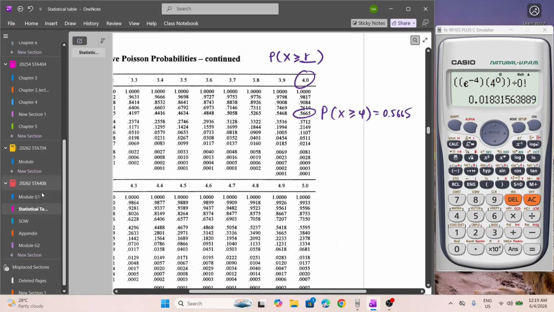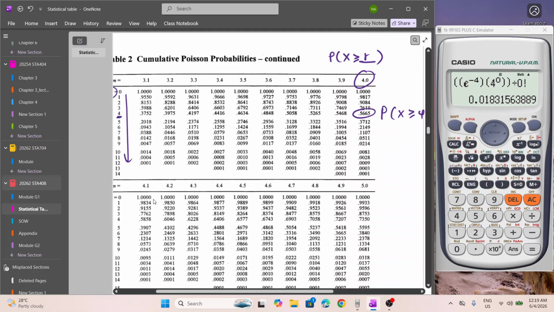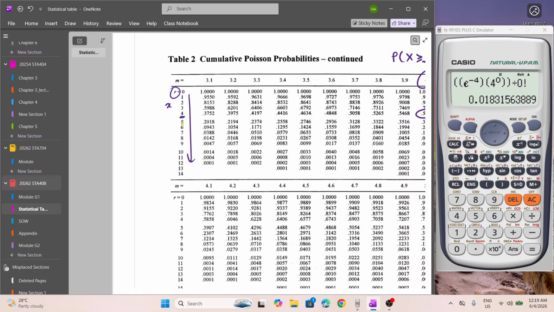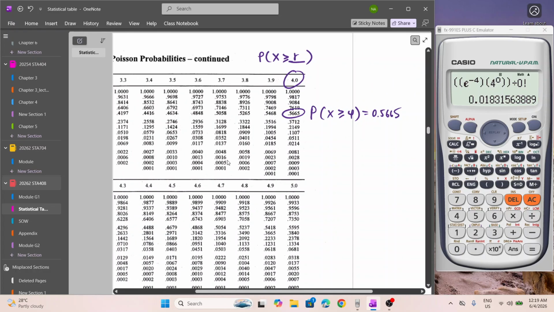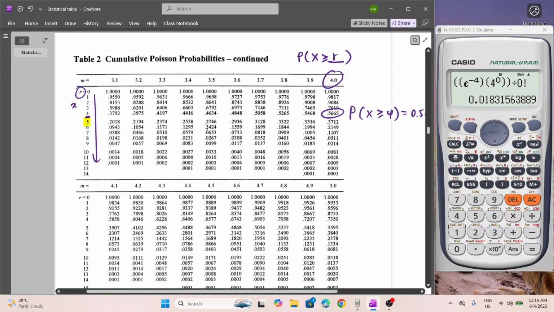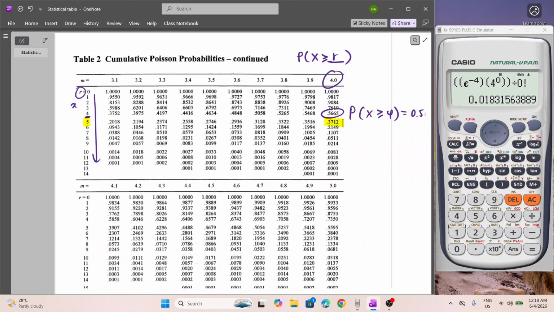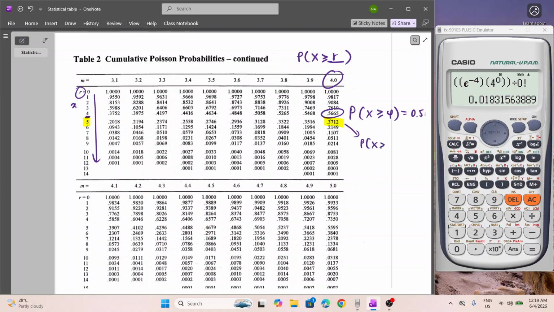From the statistical table, when r is equal to 5, this is the probability of X greater than or equal to 5.